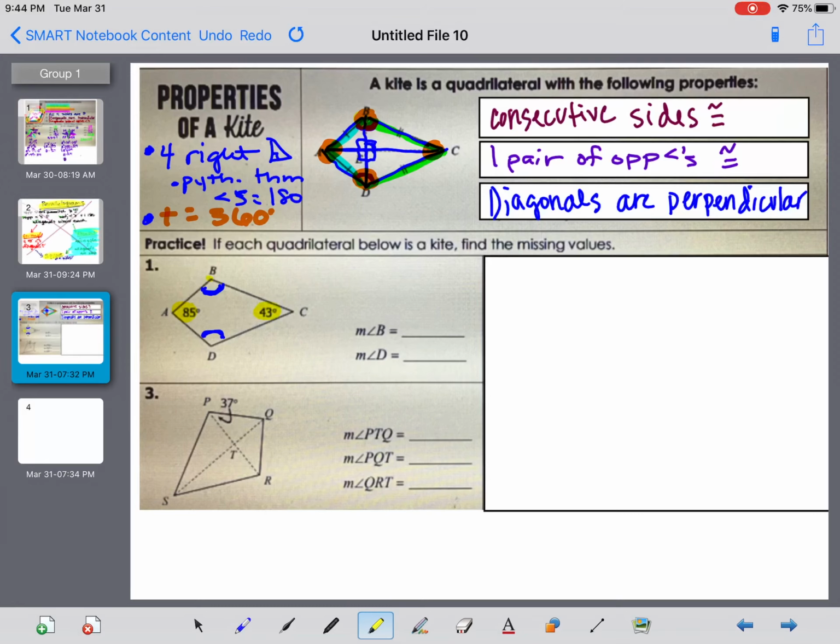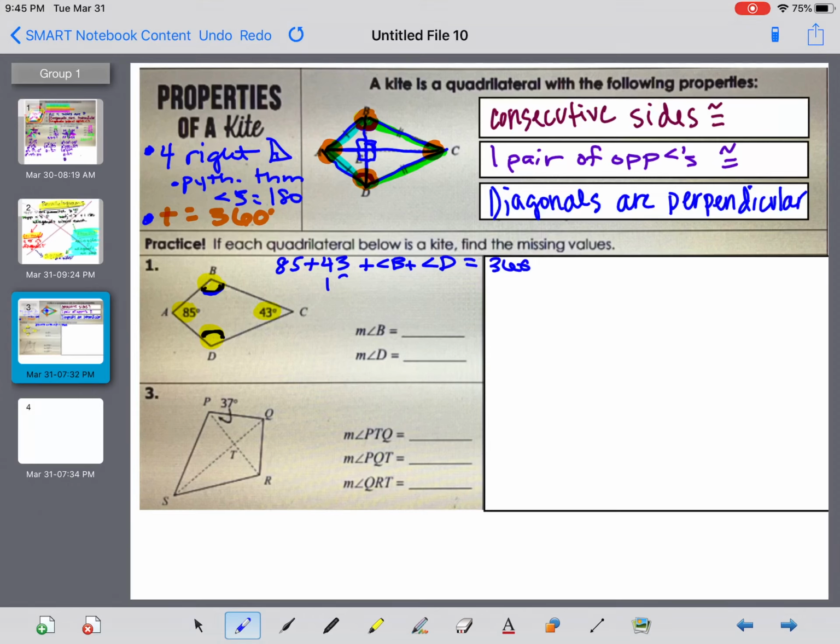Then I also know, yellow highlighter now, I also know that all 4 of these angles have to add up to be 360. I know that 85 plus 43 plus whatever B is plus whatever D is has to add up to be 360.